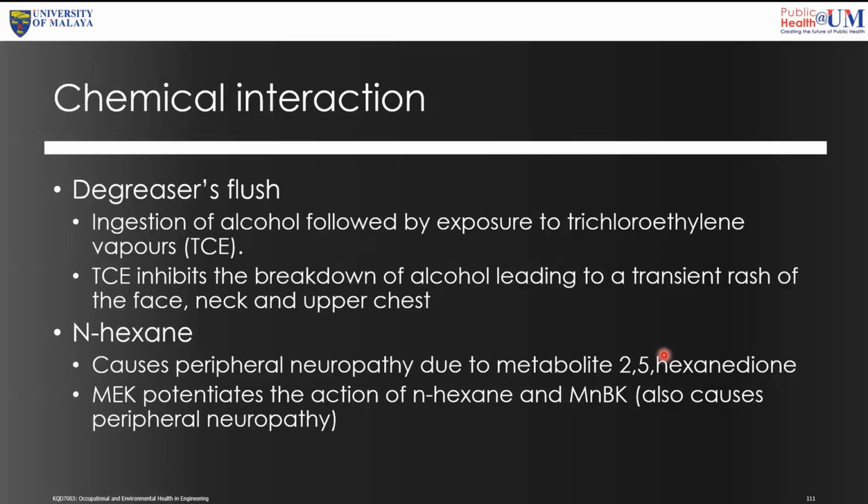N-hexane causes peripheral neuropathy due to the metabolite 2,5-hexanedione. Methyl ethyl ketone potentiates the action of N-hexane, and methyl n-butyl ketone also causes peripheral neuropathy.